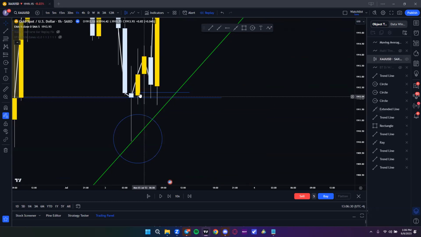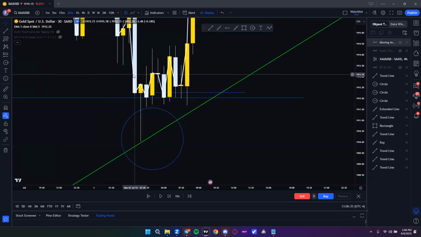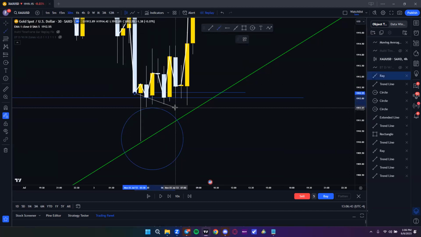How do you get involved in here? So let's go to M30. Yeah, like this trend line here, right? So you can enter even from there.